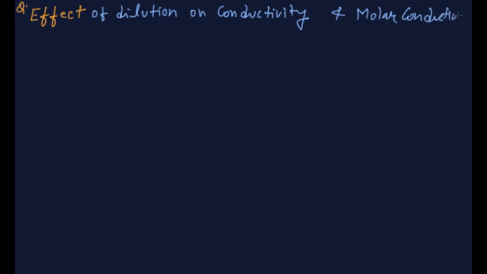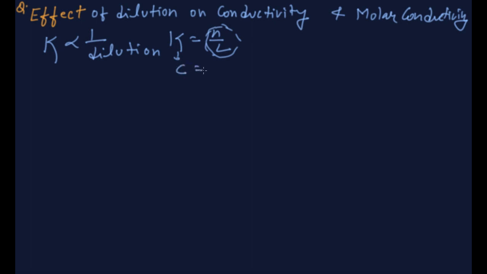As you know, conductivity kappa is inversely proportional to dilution. Because of that, kappa is equal to the number of moles per liter of solution. Simply, kappa stands for concentration. Concentration is the number of moles per liter of solution.